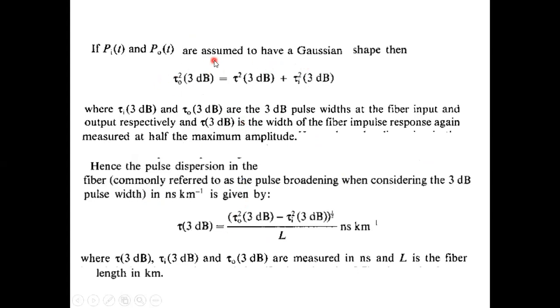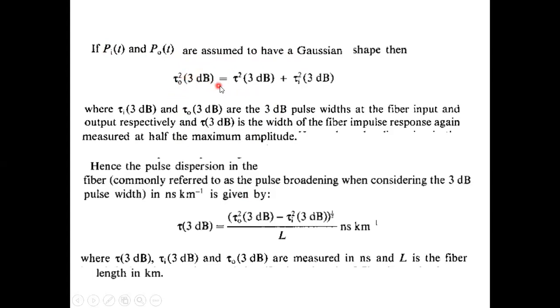Now, when I talk of the input pulse width, we have seen that the input can be either a Gaussian shaped pulse or a digital pulse. If my input is a Gaussian shaped pulse, my output is also a Gaussian shape. So if Pi and Po are assumed to have a Gaussian shape, numericals are asked based on this formula, so it is important for you to write it down.